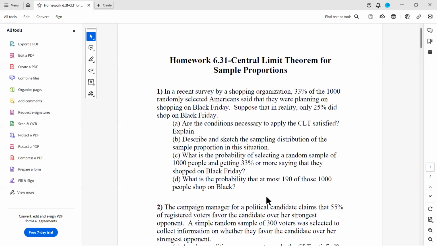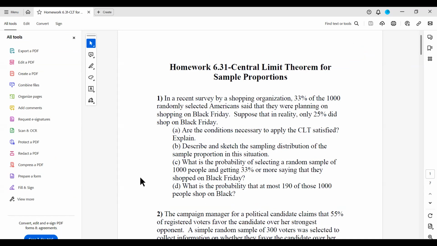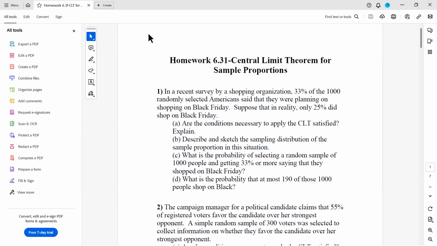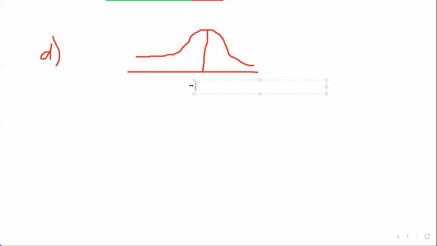Now it says, what is the probability that at most 190 of those? So here we're going to go back to our distribution. This is part D. Again, you don't have to draw this every time, but I'm just doing this for clarity's sake. We still have 0.25 in the middle here.